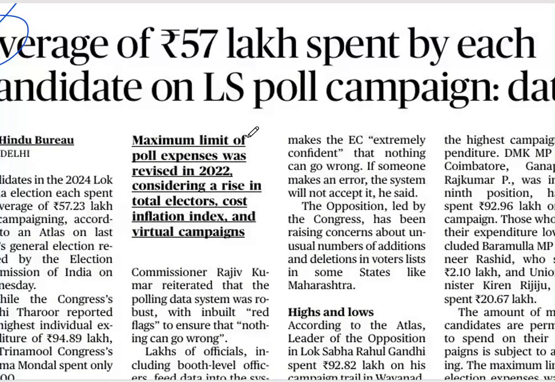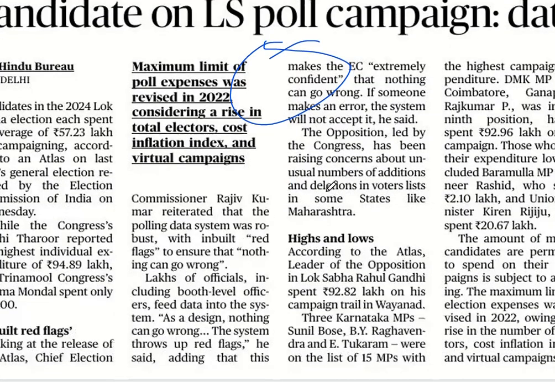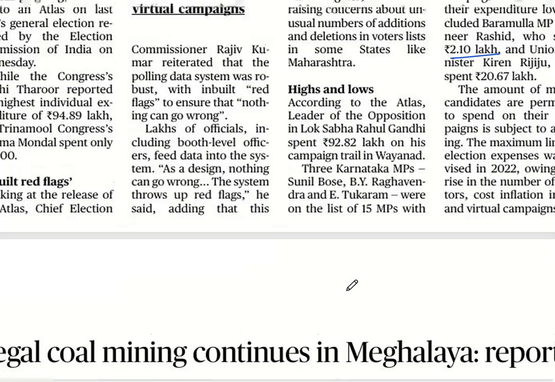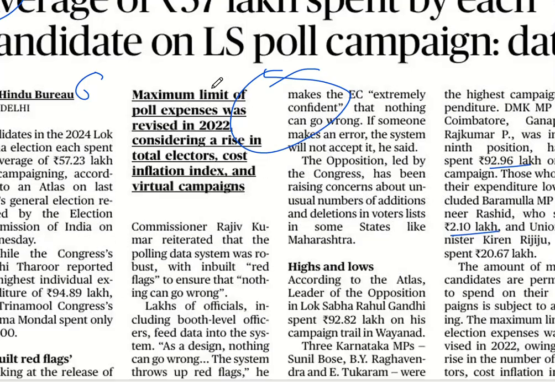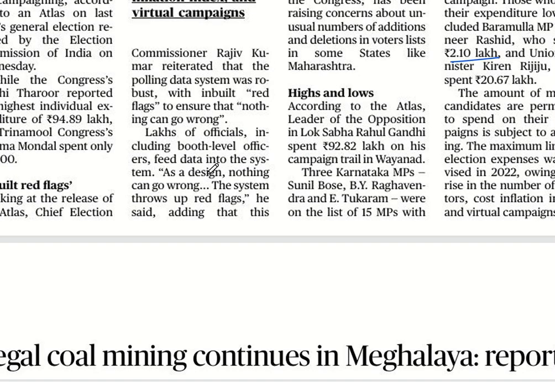This is also a very challenging issue, and provisions are not helpful to stop it, because a number of people spend more. In the comments section, tell the amount fixed by the Election Commission, how much can be spent in the Lok Sabha poll campaign. This is the data just to understand.